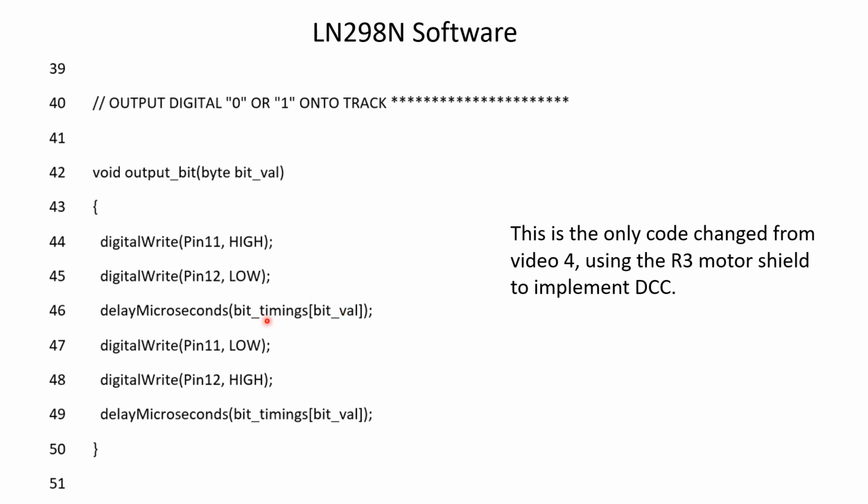Then I reverse these values. I put pin 11 at low and pin 12 at high from the Uno. Then I wait again 100 microseconds for DCC digital 0, or 57 microseconds for digital 1 or logical 1. These are the only changes in video 4.